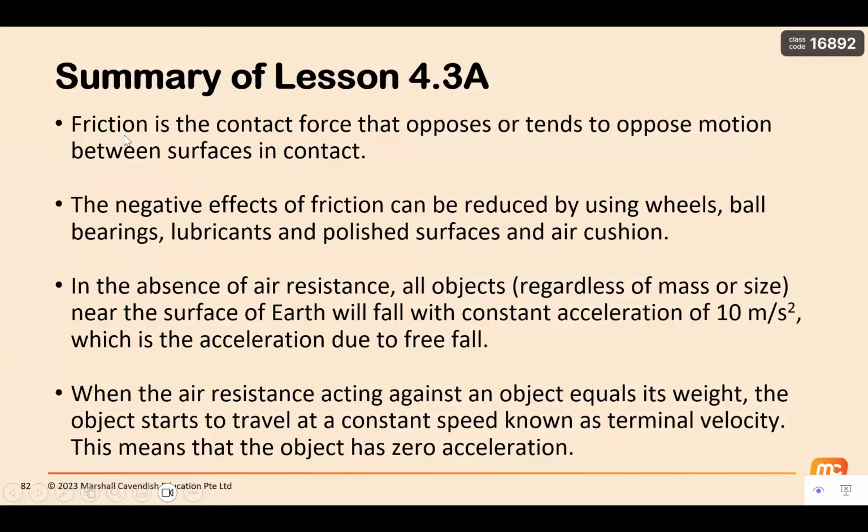In the absence of air resistance, all objects will fall with a constant acceleration of 10 meters per second squared, which is called the acceleration due to free fall. But when there is air resistance acting on an object, and when the air resistance equals the weight, the object will also fall with a constant speed, known as the terminal velocity or the maximum constant velocity. At this point, the object has zero acceleration. That's it.